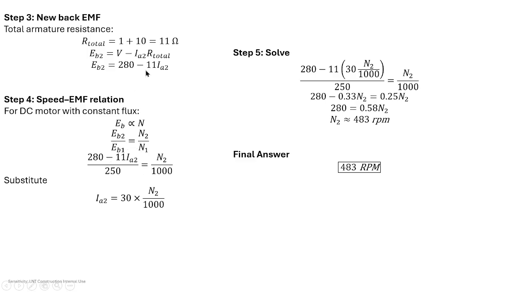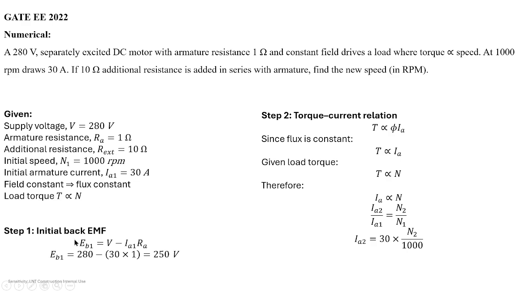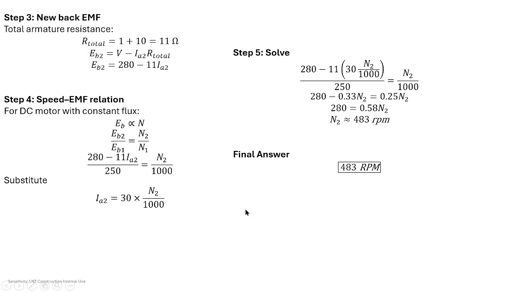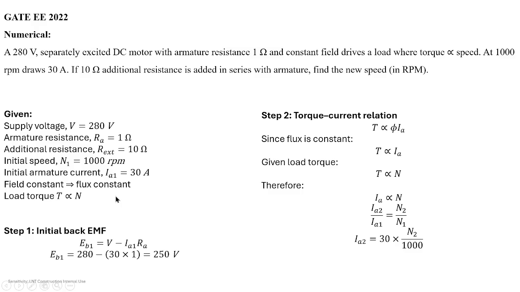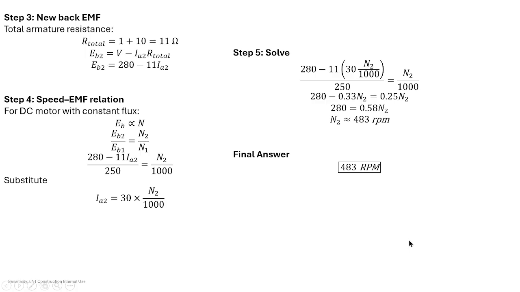So 280 volt minus 11 Ia2, and Eb1 is 250 volt, and N2 by 1000, and we earlier found that Ia2 is equal to 30 into N2 by 1000. So we can substitute this value in this equation.